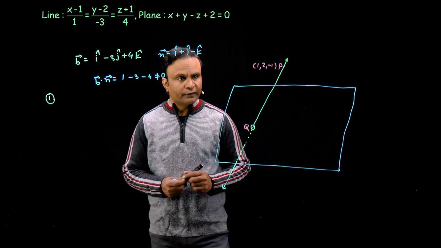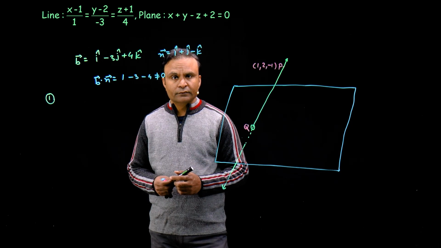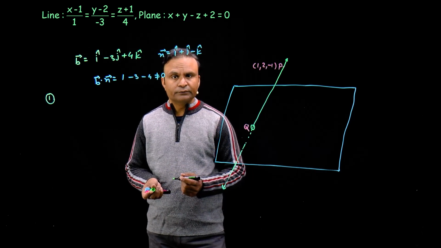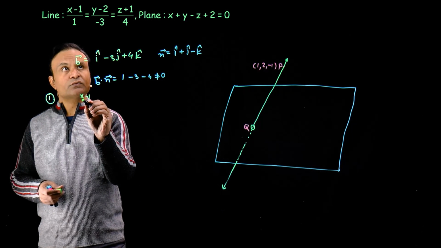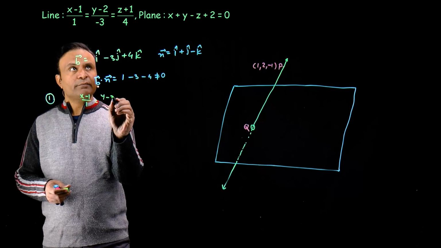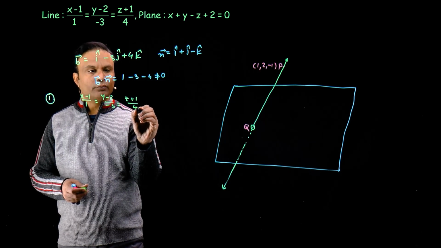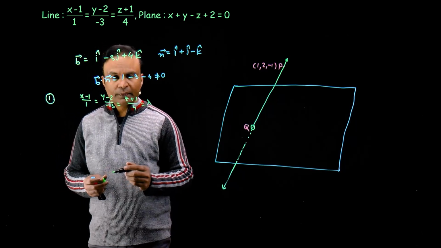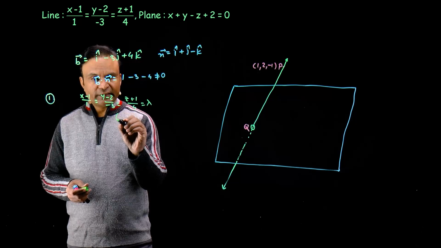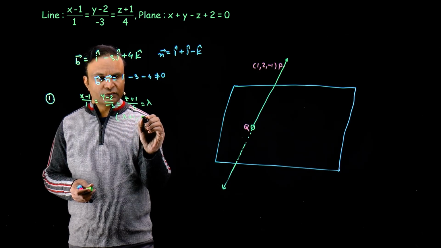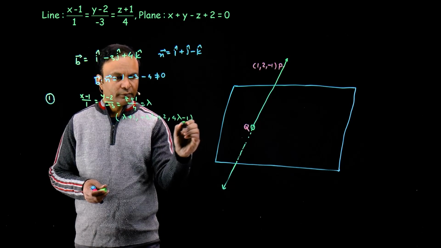Now from the equation of the line, we can write a general point on the line. What is the general point on the line? If I consider (x minus 1) upon 1 is equal to (y minus 2) upon minus 3 is equal to (z plus 1) upon 4 is equal to lambda, then a general point on the line is (lambda plus 1, minus 3 lambda plus 2, 4 lambda minus 1).